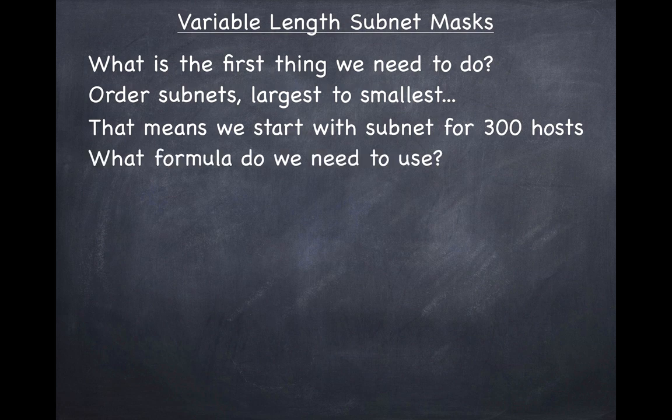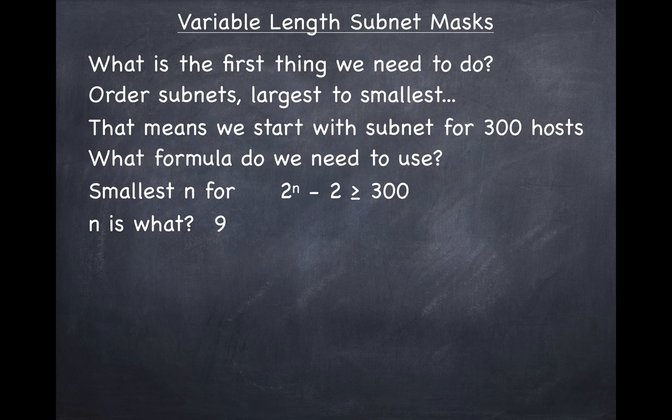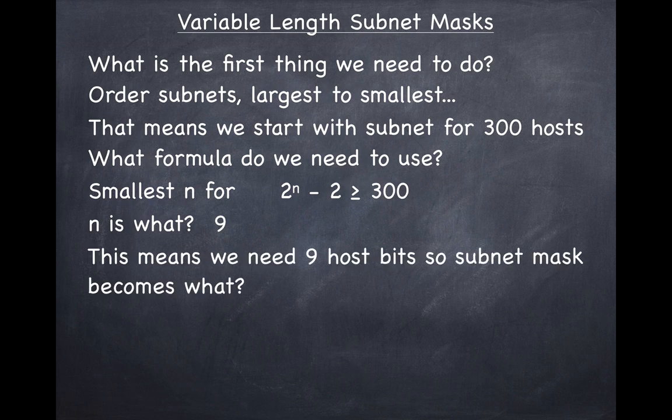So the formula we use when we're talking about usable hosts is solve the smallest n for which 2 to the n minus 2 is greater than or equal to the number of hosts we need. And if you go through and look at that, the answer is 9. So what that means is we need to come up with a subnet mask that allows for 9 host bits. And the way we do that is we have 32 bits. If the last 9 are host bits, then in slash notation, the subnet mask would be slash 23.